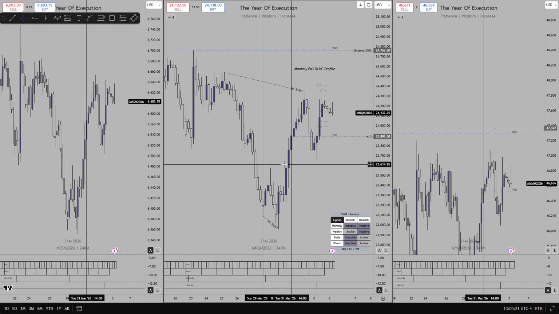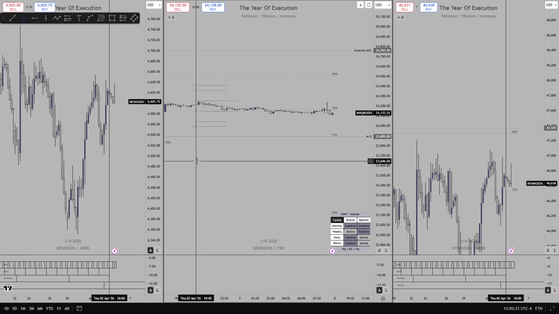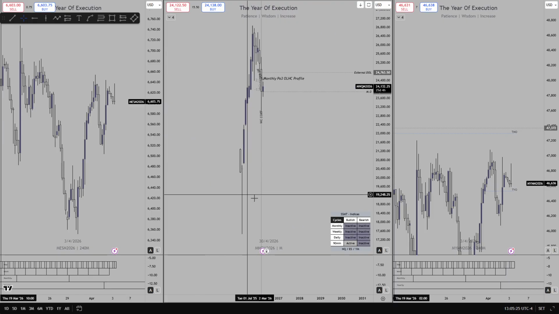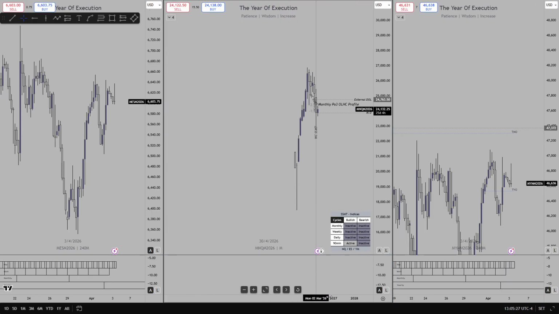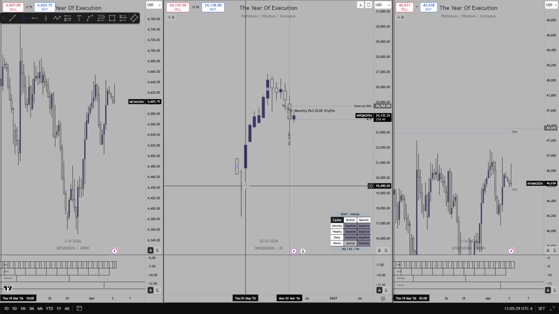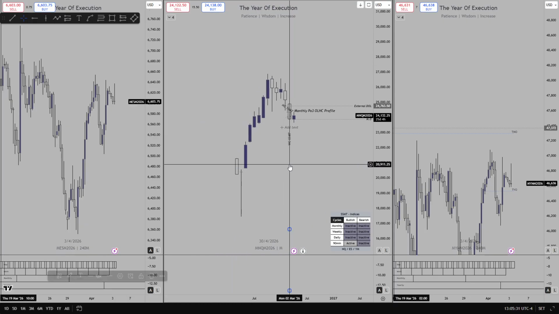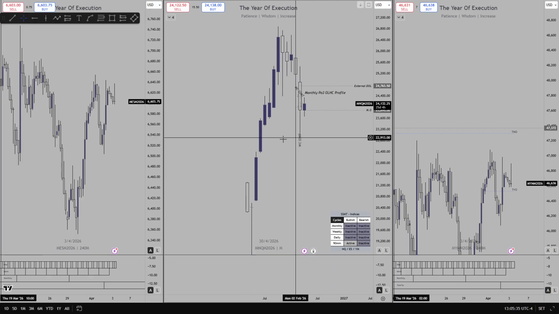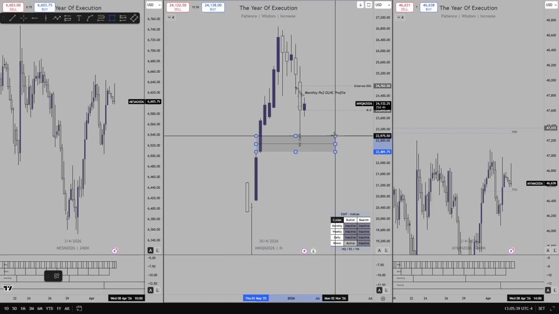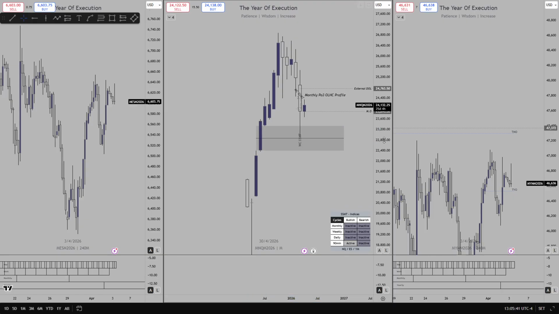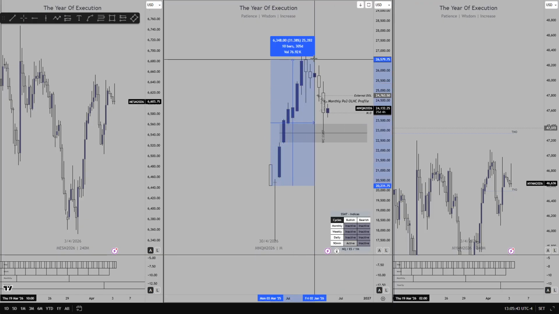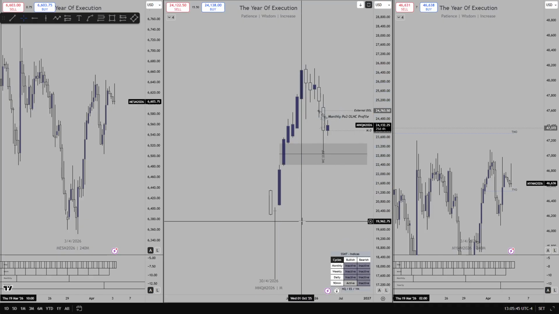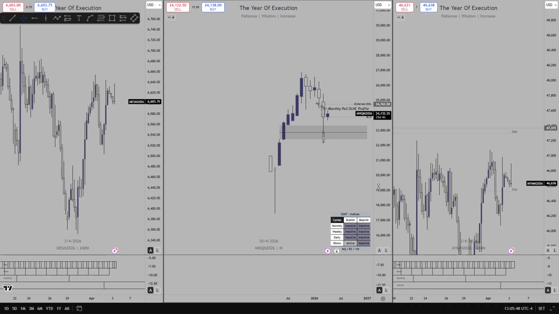So going back on the monthly, we can see that we retested this monthly busy. We've officially retested back into the range of the whole yearly profile type.